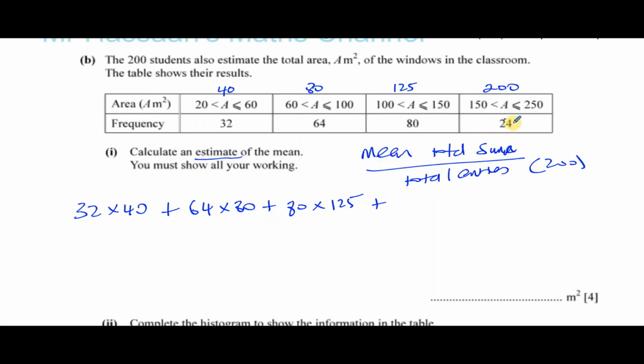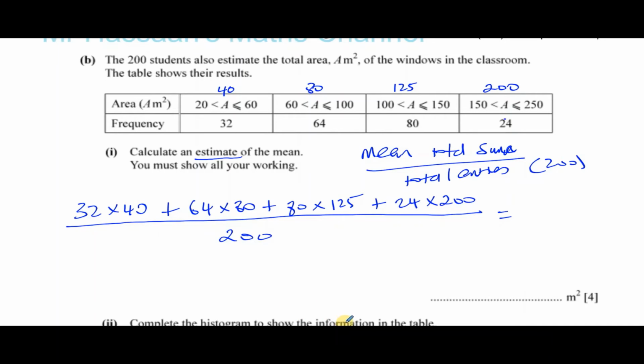Plus, for this group, it's going to be 24 multiplied by 200. That's going to give me the total sum of all of the numbers that the students came up with when they guessed the area. And if we divide that by 200, it will give me an estimate of the mean value that the students came up with. So all I need to do now is put this in my calculator.